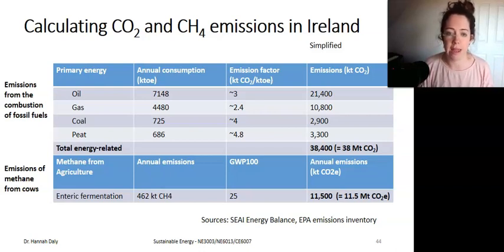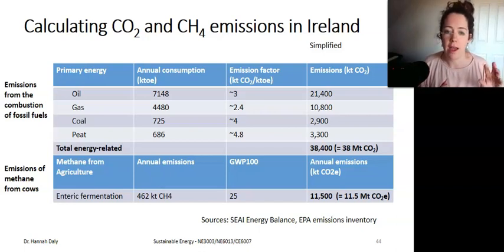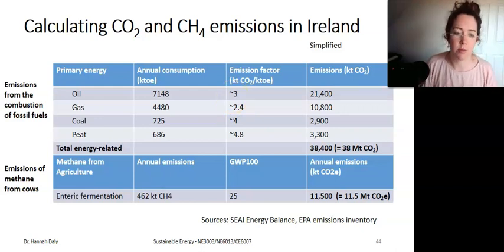If you burned a full tank of home heating oil, you would release nearly 3 tons of CO2 with that. That's because in the process of combusting a fossil fuel, the carbon atom reacts with oxygen in the atmosphere, so the carbon turns into C and 2 O's, and the extra weight comes from the 2 oxygen atoms. So there's a difference between the weight of carbon and carbon dioxide, somewhat confusingly.